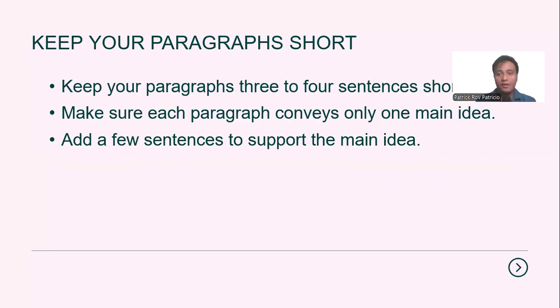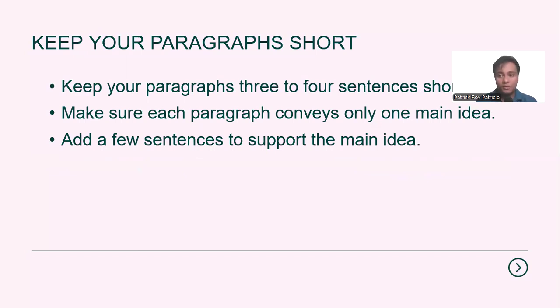Next is to keep your paragraph short. Similar to keeping our sentences short, a longer paragraph can sometimes derail you from the message and can cause confusion or misunderstanding to your reader, because longer paragraphs or longer sentences could cause information overload.